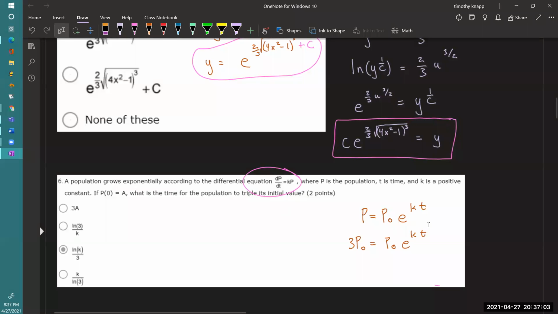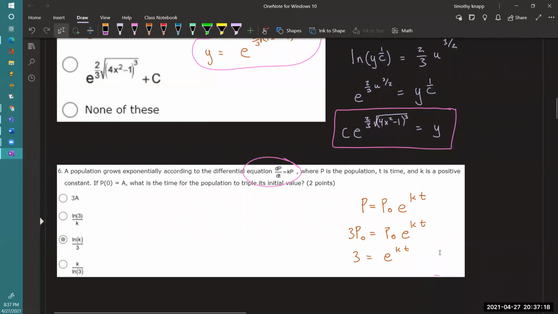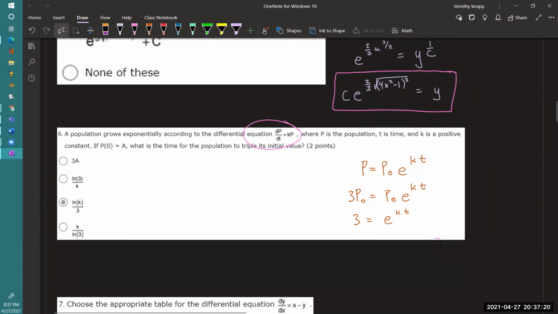And I can now solve for the time. This is nice because if I divide the P0 over, I'm going to end up getting 3 equals e to the kt. Now, if I do the definitional logarithms here, this is going to be the natural log.